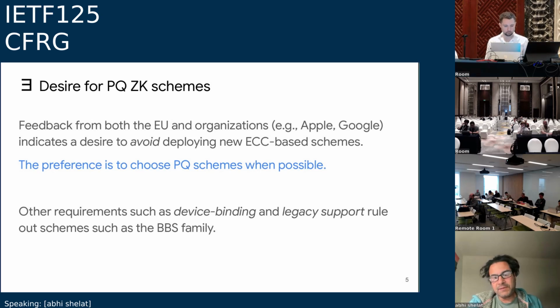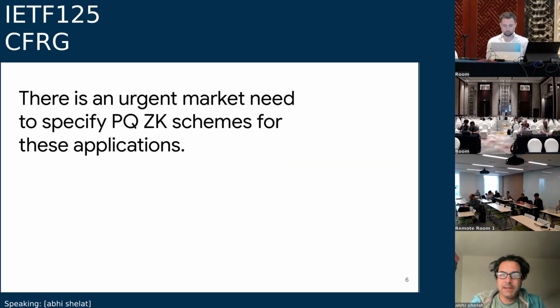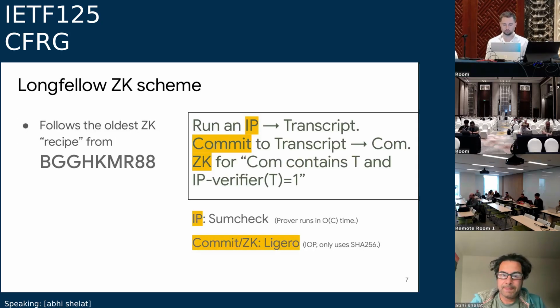And the preference is to choose post-quantum schemes when efficiency allows. So that said, the whole point of this set of slides is that we believe there is some urgent market need for this type of post-quantum zero-knowledge scheme that's fully zero knowledge and that works for the type of identity statements that occur in these SD-JWT or identity applications that I've mentioned.